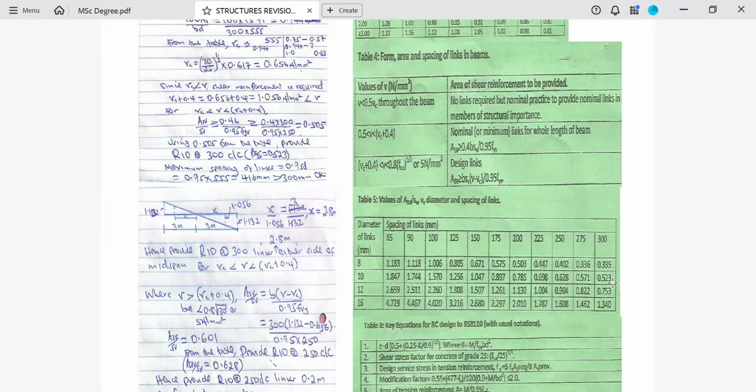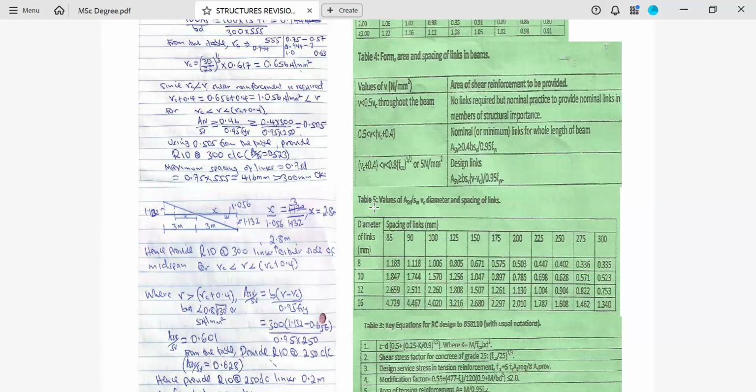Now that I have 0.601, I will opt for 0.628. Look at that table. It tells you that you need a 10 millimeter diameter bar spaced at 250 millimeter center to center.